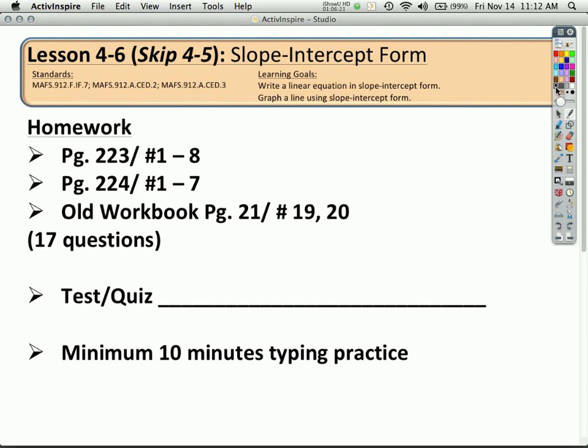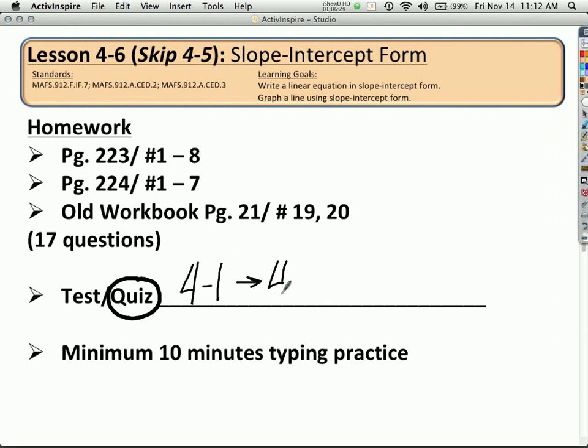And you're going to have a quiz next week on 4-1 to 4-4. Also, you should be doing a minimum of 10 minutes of typing practice a day using the typing tutor program that I set up for you. As soon as you are done, you may pack up your stuff and go to your next class.